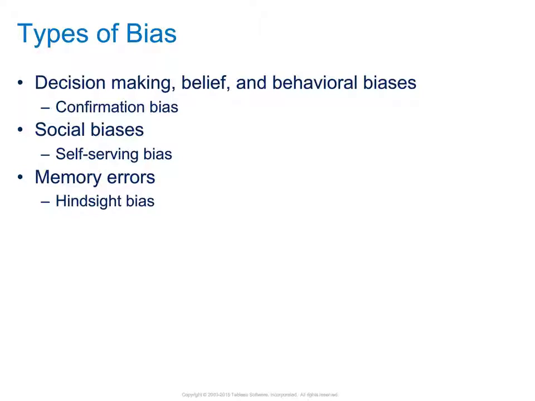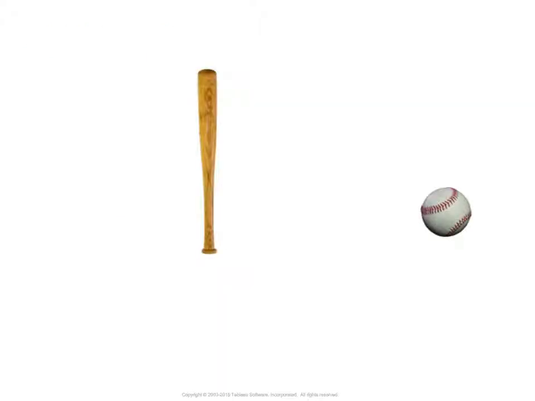Now, I can give you, even over a webinar, a little bit of a feeling for what a bias might feel like, with a very famous example that was used to study bias. It goes like this. Imagine that you have a baseball and a bat, and that together they cost $1.10.